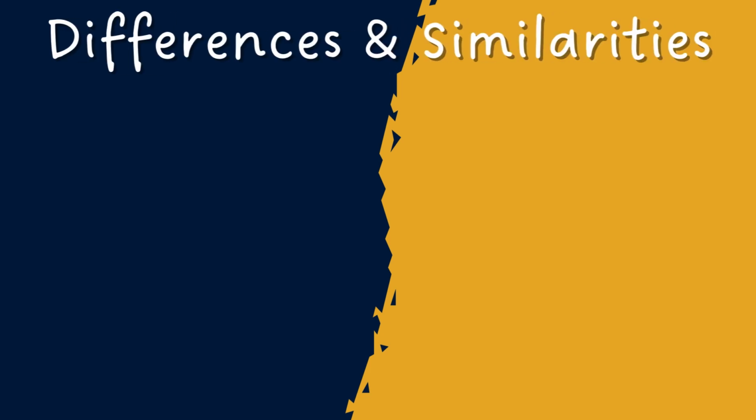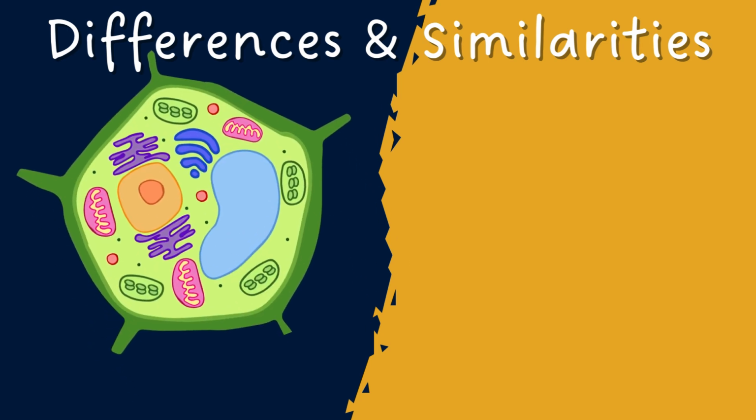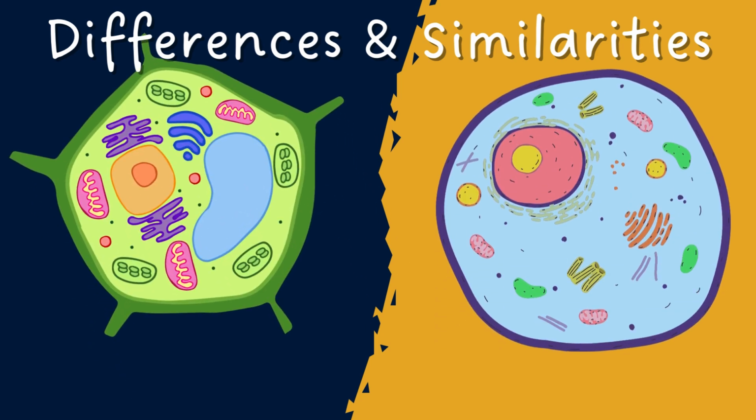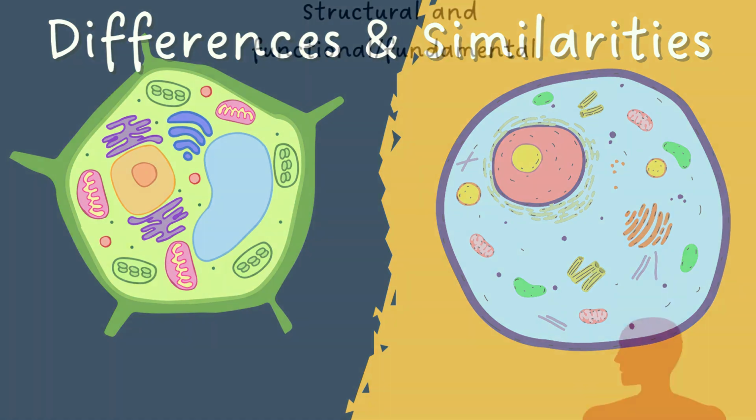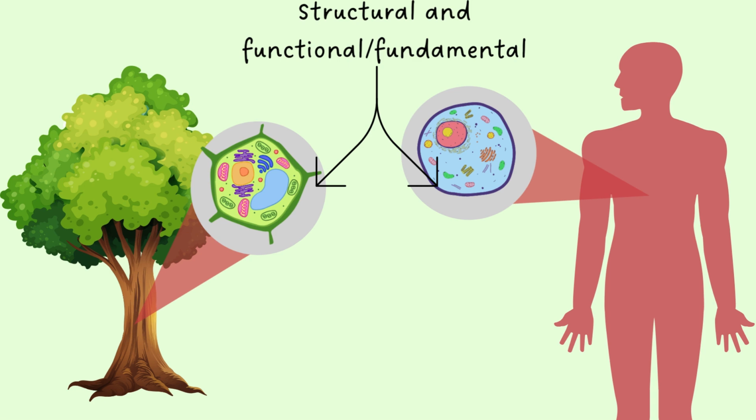In this video, we're going to learn about the differences and similarities between plant cells and animal cells. So in our previous lesson, we have established that the cell is the structural and fundamental unit of life.